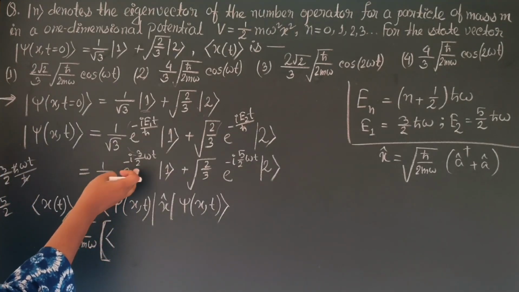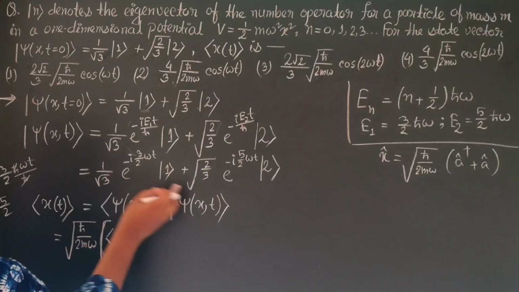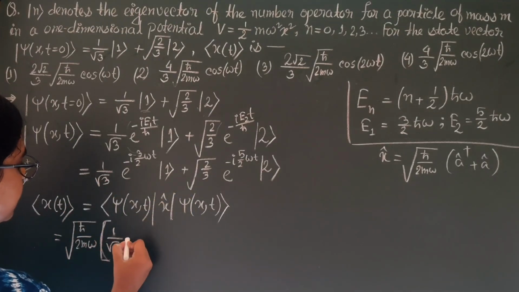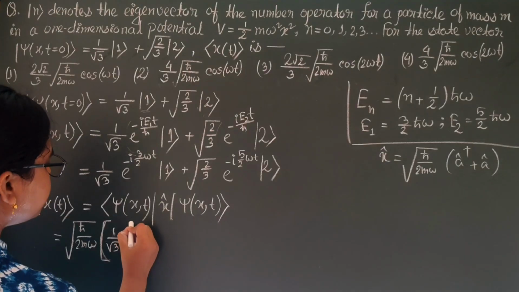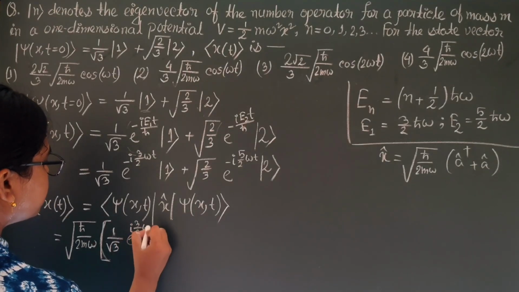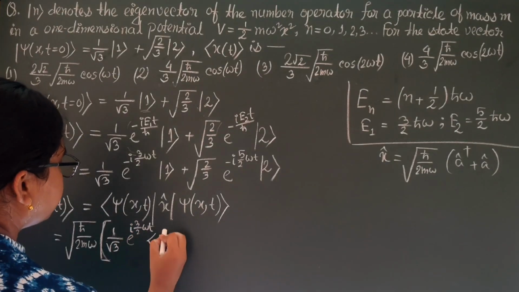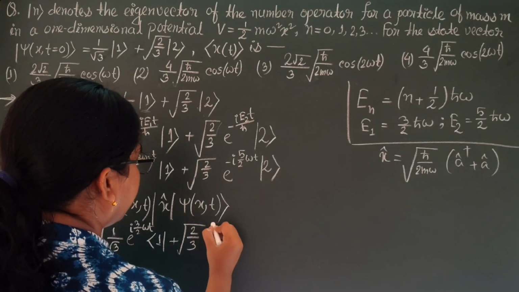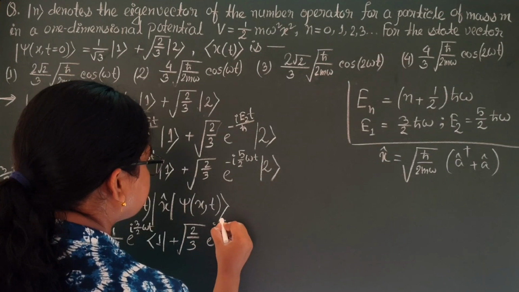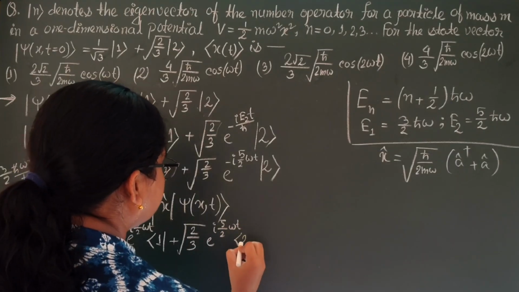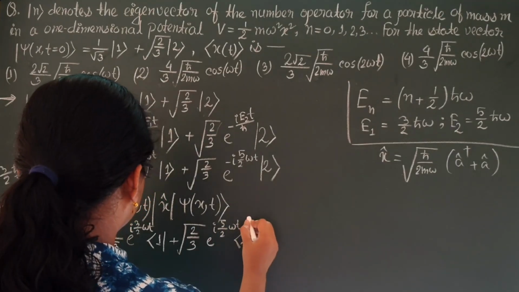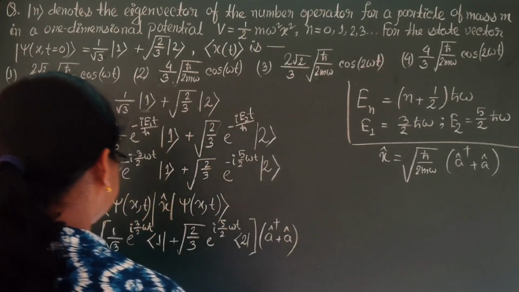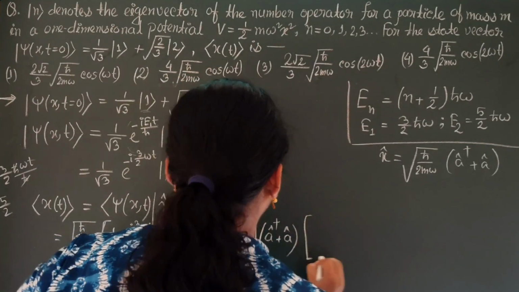So take the complex conjugate of this side. It will be 1 by root 3 e to the power plus i 3 by 2 omega t bra 1 plus root under 2 by 3 e to the power i 5 by 2 omega t bra 2. And the x operator is a dagger plus a, and put the value of psi here.